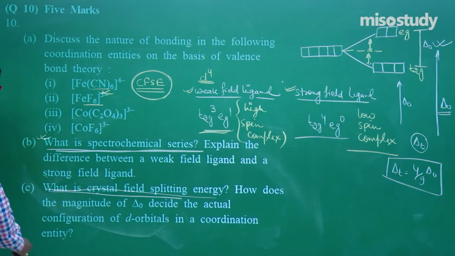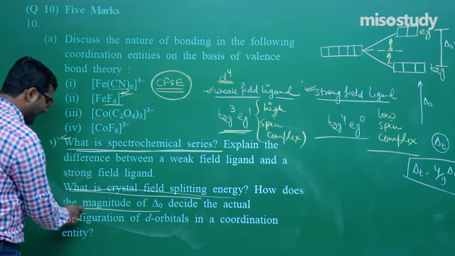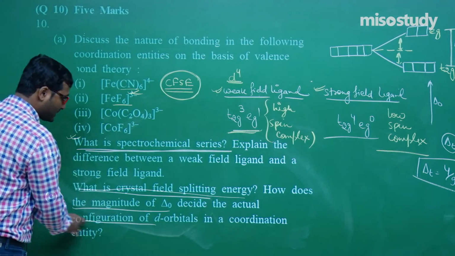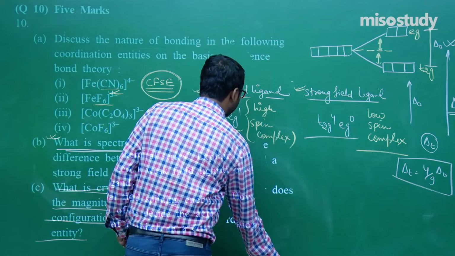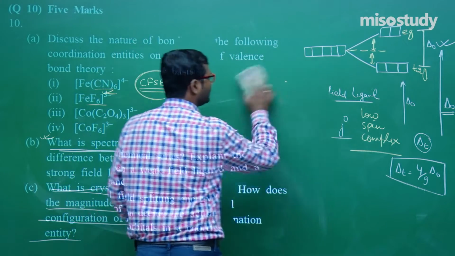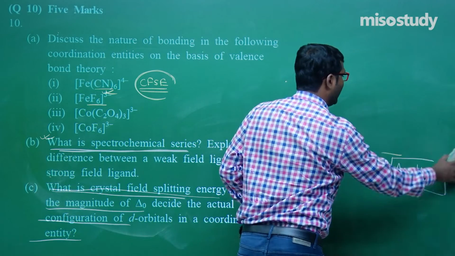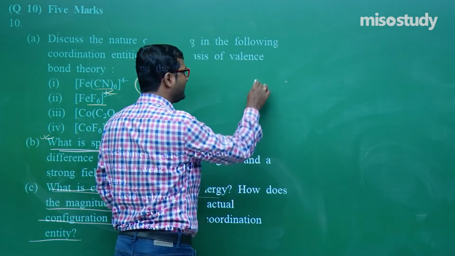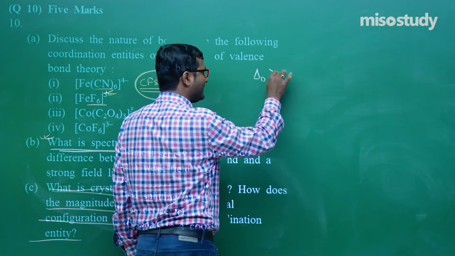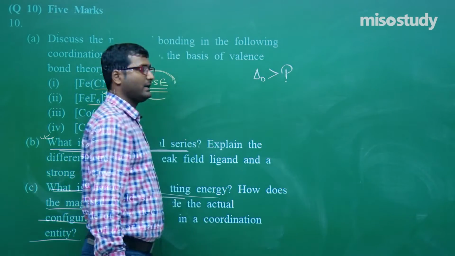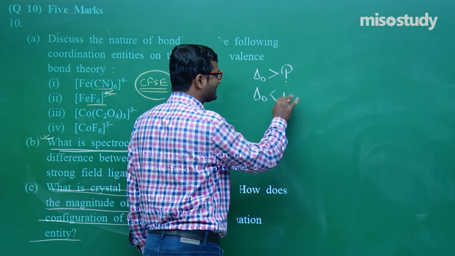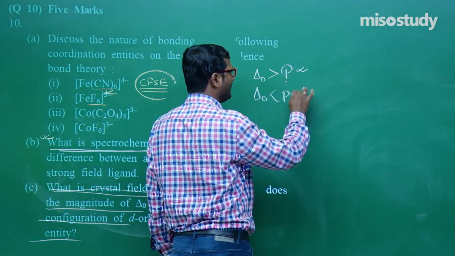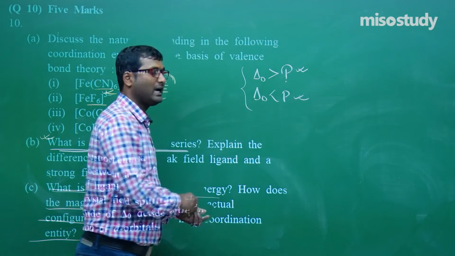Now how does the magnitude of delta naught decide the actual configuration of d orbitals in a coordination entity? Yes, definitely. Wait for a moment. As we know, there are two cases.